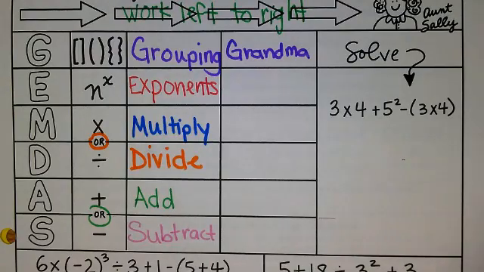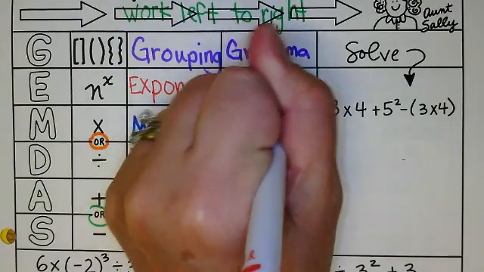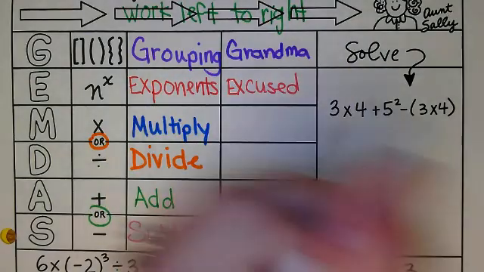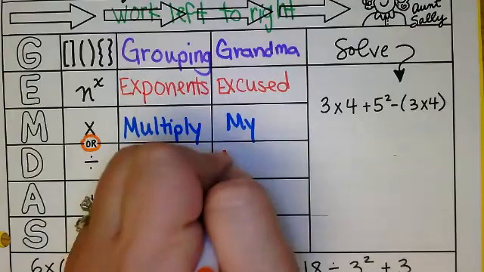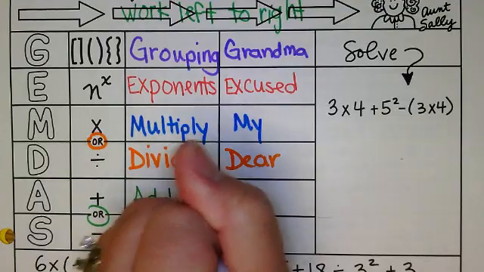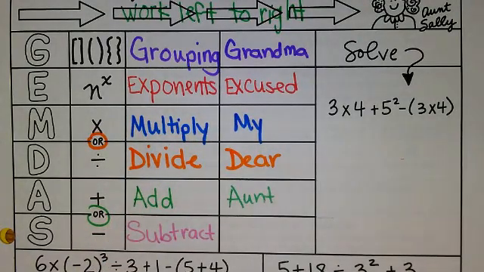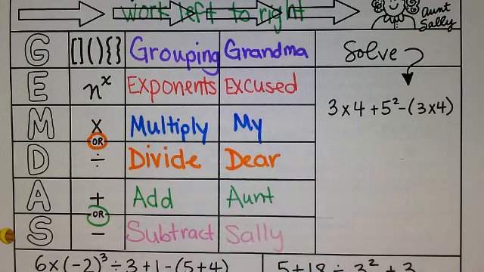I want you to understand it's more than just parentheses now. Grandma excused my dear Aunt Sally. Again, this is just a silly little mnemonic. If it doesn't help you, don't use it.